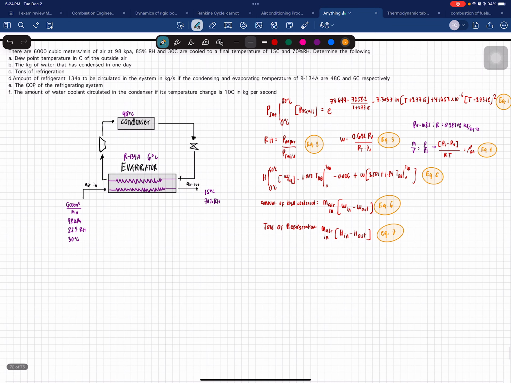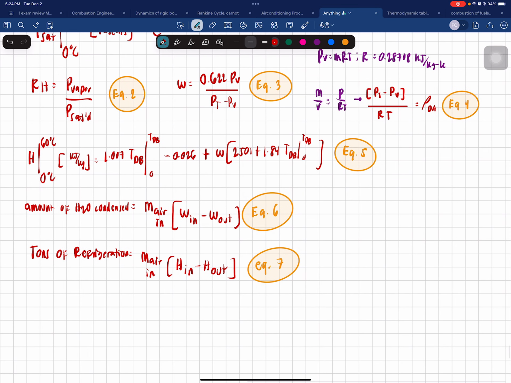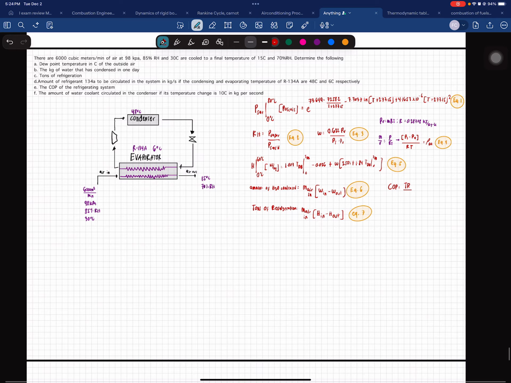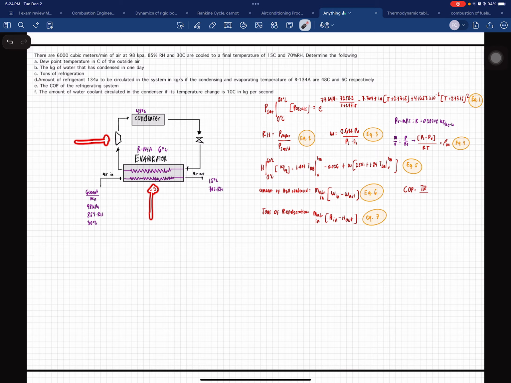Okay, COP again, recalling our refrigeration systems. COP is simply the ratio of the amount of energy required to cool your evaporator over the amount of actual energy that is required to run your compressor.